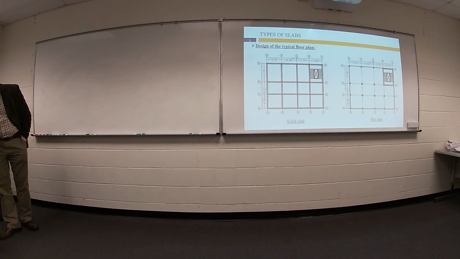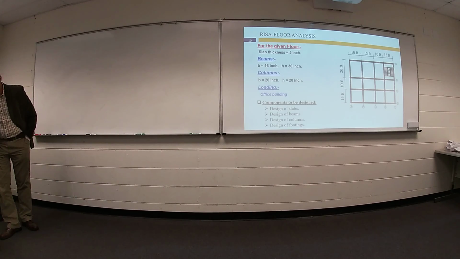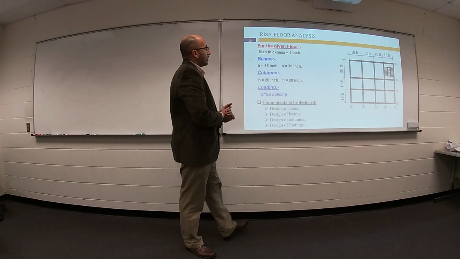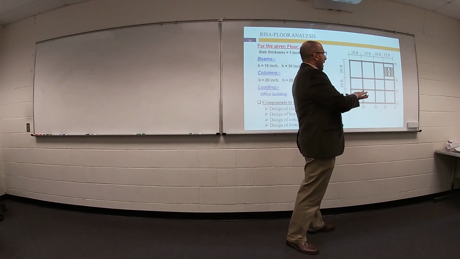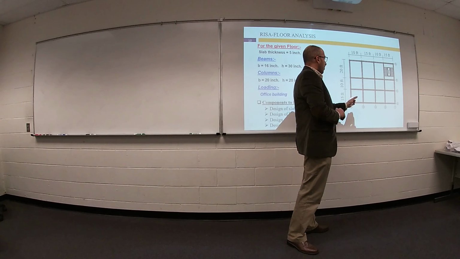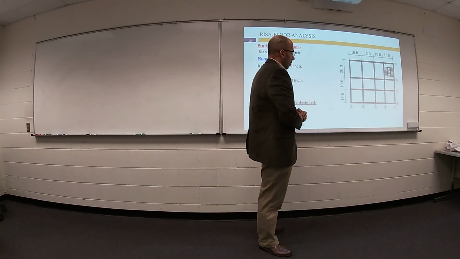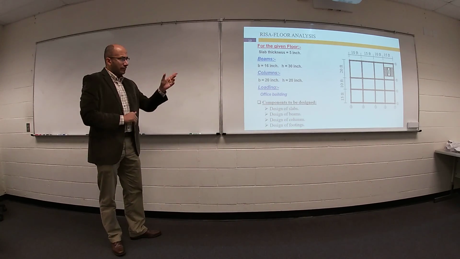Last time we started to define this floor on RISA Floor. We have a floor plan with columns, beams, and slabs. We learned we have something called solid slab and flat slab.